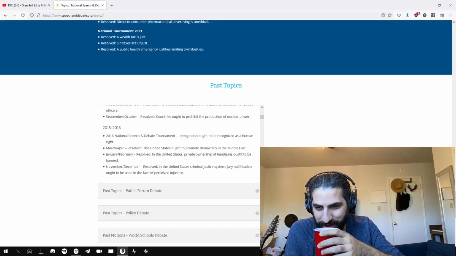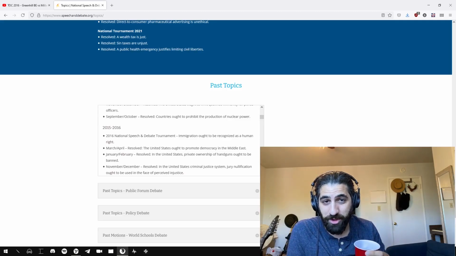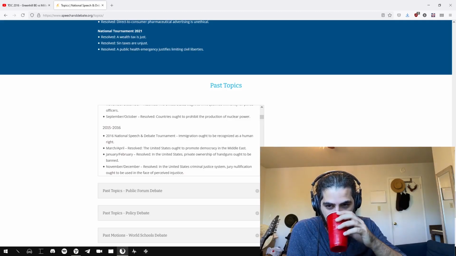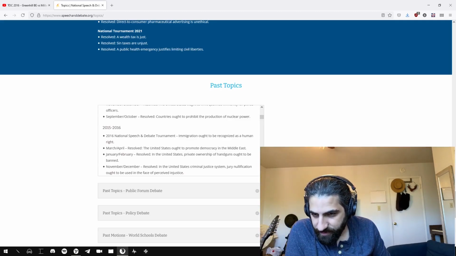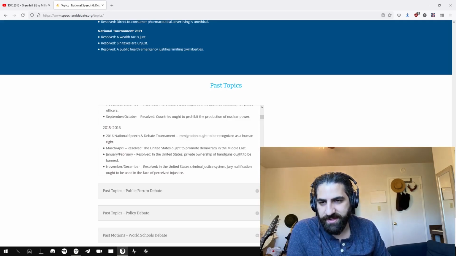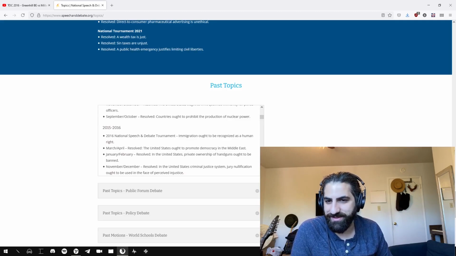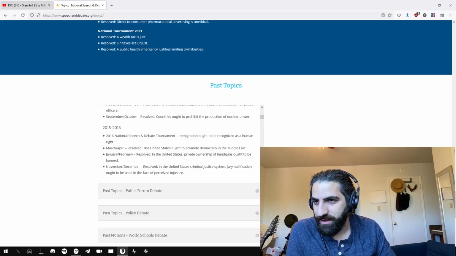That's a pretty good one. In the United States, private ownership of handguns ought to be banned. But there should be a giant stockpile of handguns at the center of every neighborhood that they have to share. And the National Speech and Debate Tournament topic is immigration ought to be recognized as a human right. It has been. It's in the UN Charter. But it's okay. That only goes back to the 40s.